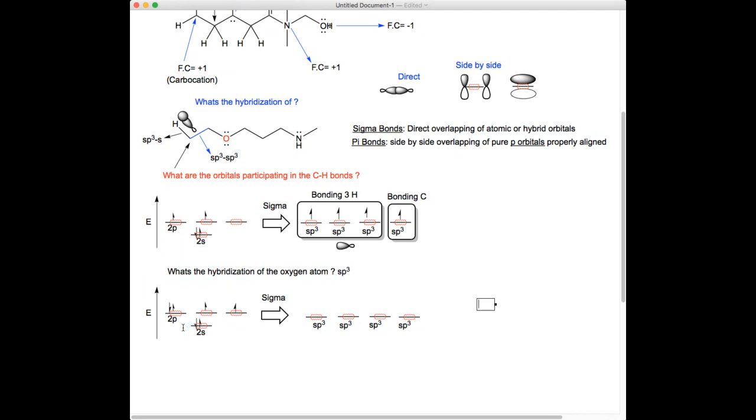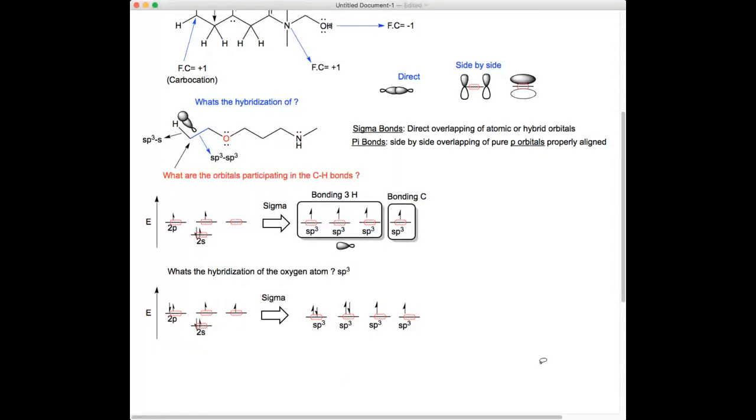Now we have 6 electrons because oxygen has 6 electrons in the valence shell, meaning that we are going to add them: 1, 2, 3, 4, 5, 6, right? 6 electrons in the valence shell.